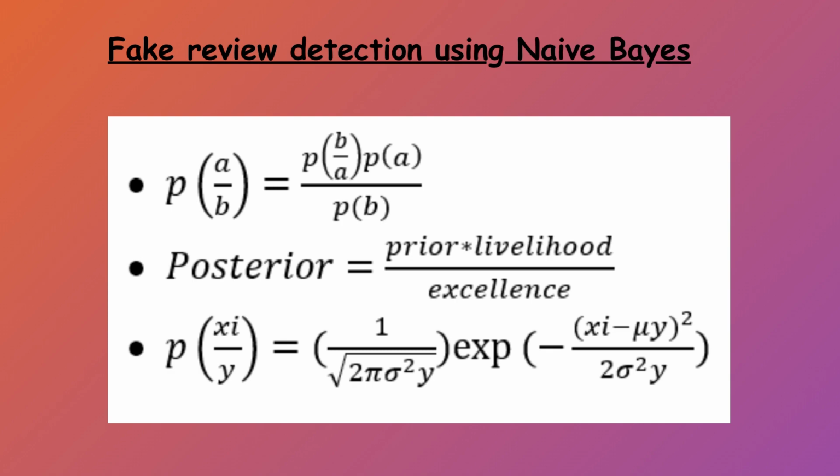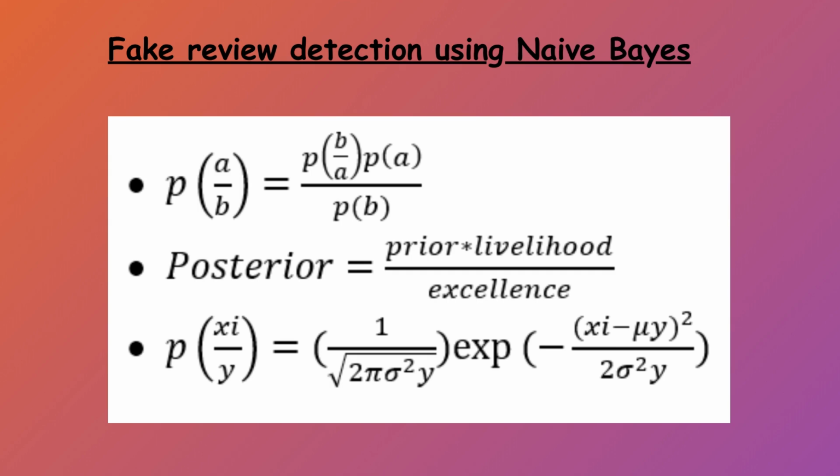In this formula, you can see that posterior is equal to prior times likelihood divided by evidence. What is posterior probability? Probability of hypothesis A on the observed event B. Prior probability means probability of hypothesis before observing the evidence.